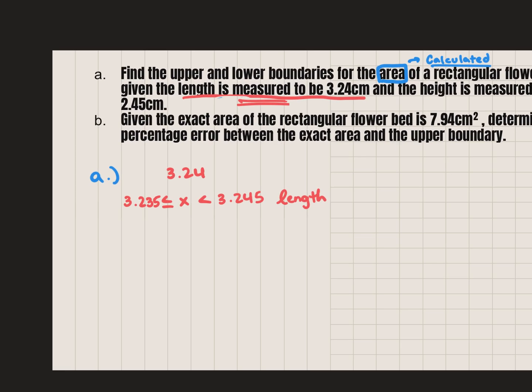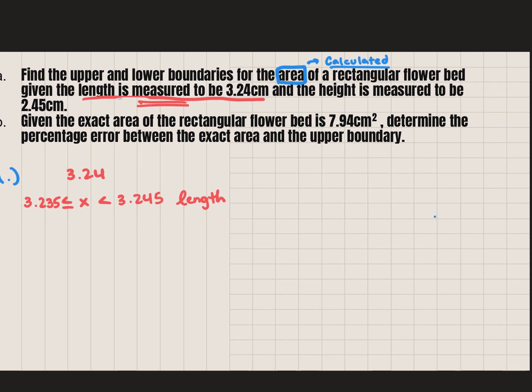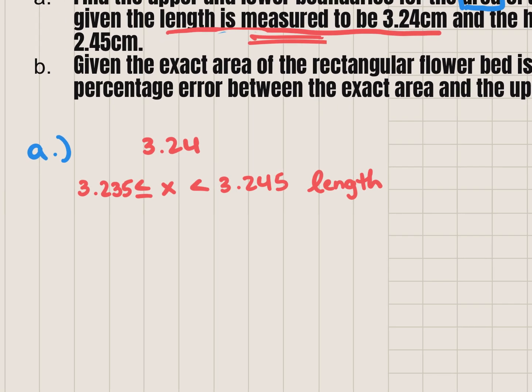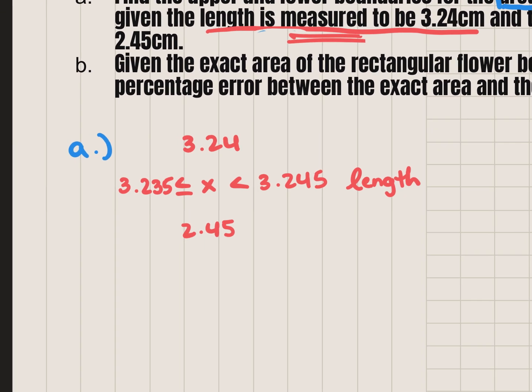I'm going to do the same thing right below it for the width, or for the height. So I have 2.45 centimeters. Okay. So I'm going to go ahead and find my lower boundary here. So my lower boundary is going to be 2.445, okay, because that is the lowest possible number that'll round up to 2.45.